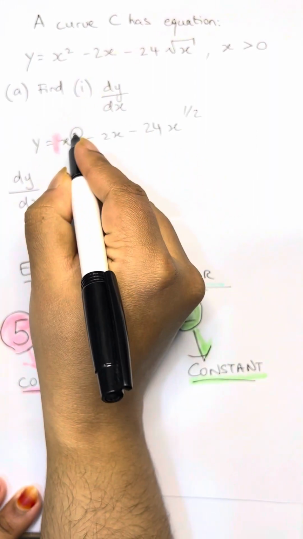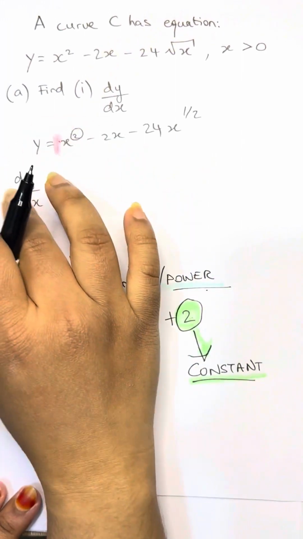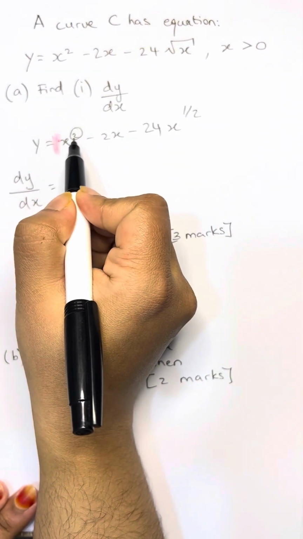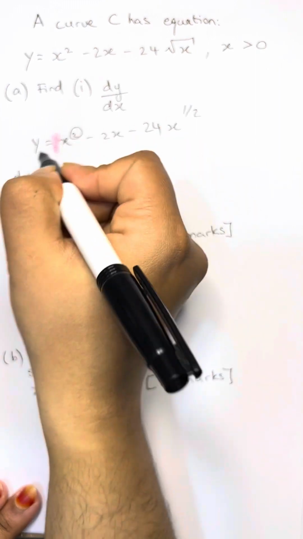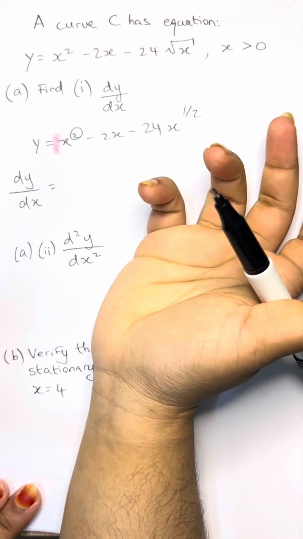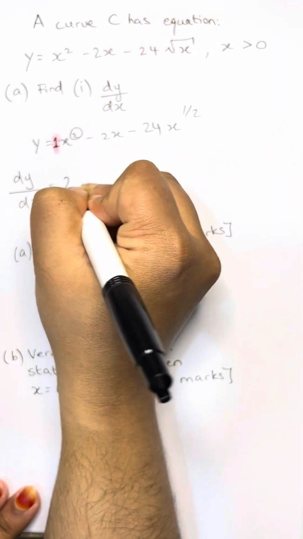So that's going to be 2 times 1. Because I don't have any coefficient at the front of the x squared, it simply means 1. So 1 times 2, that's 2.